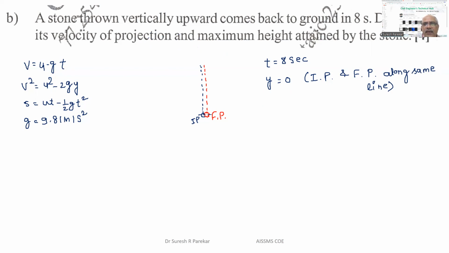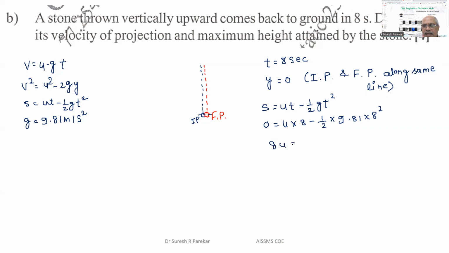Now T and Y we have, so what will we use? We will use S equal to UT minus half GT square. Now S we have 0, U we have to find out, T we have 8, minus half into 9.81 into 8 square.